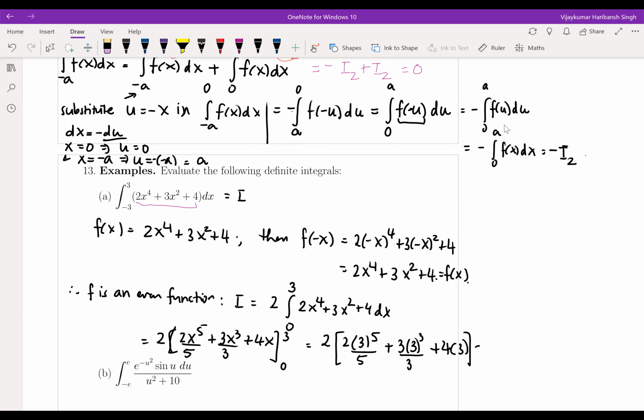So this is the answer, right? So if you simplify this, what do you get? Anyone? That is correct, 13362 divided by 5.